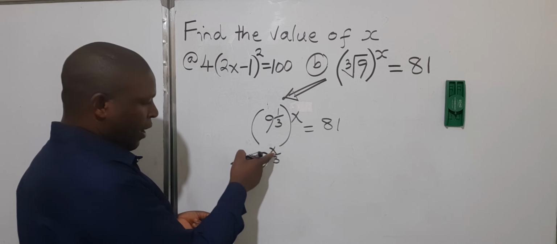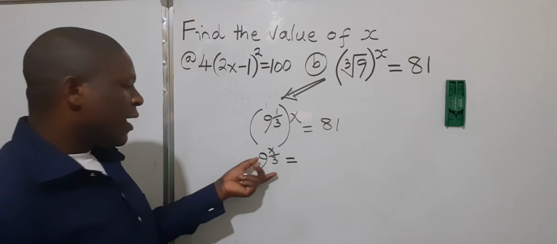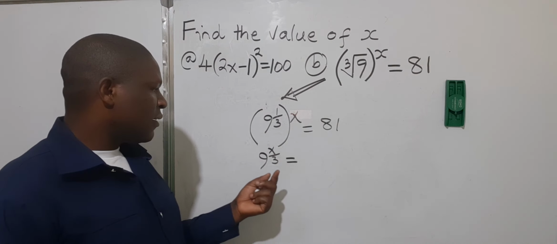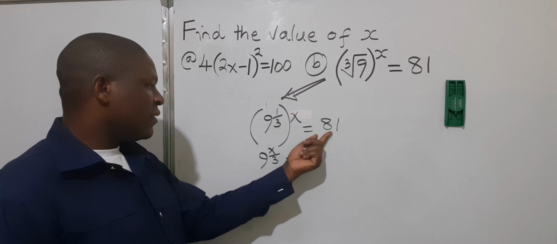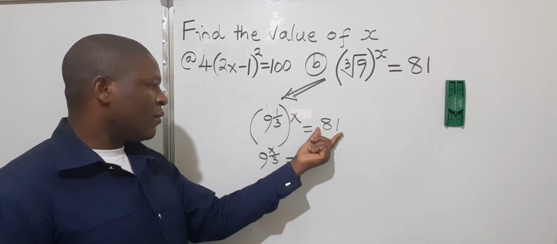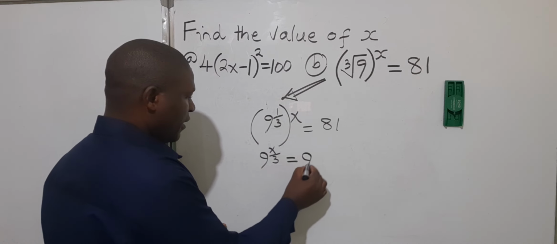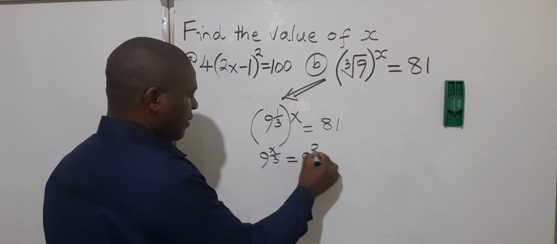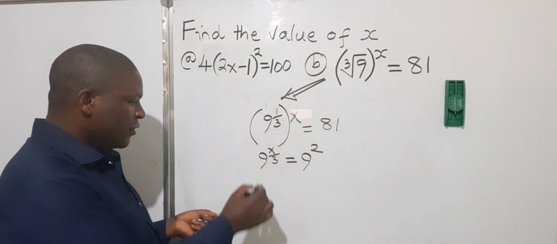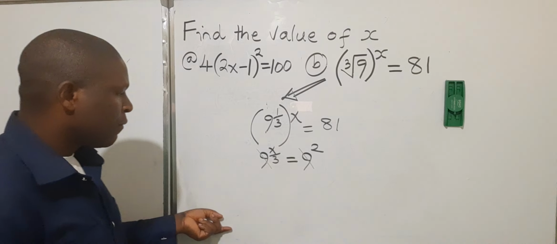Okay, so 9 power x over 3 equals to, at this point I can standardize this, meaning these to have the same base. We have a 9 there, so we can convert this 81 into an index form, which is 9 power 2. At this point, you can cancel the bases because they are the same.